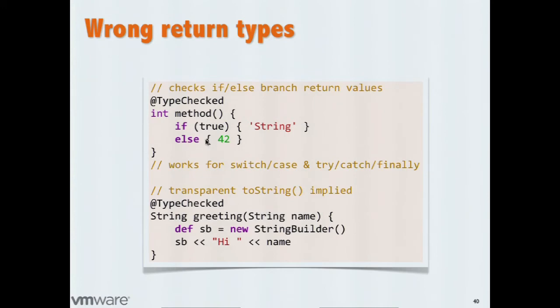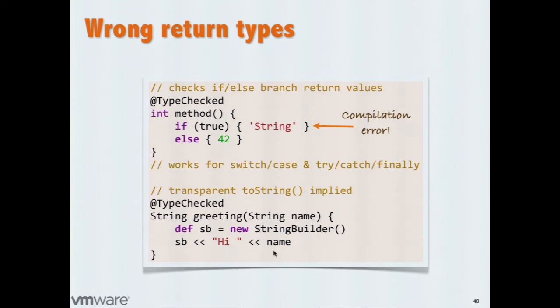Another example, if you have a method which returns an int, so here in the else part it's okay, 42 is an integer, but here I'm trying to return a string, so it's going to complain again with a compilation error and not a runtime error.